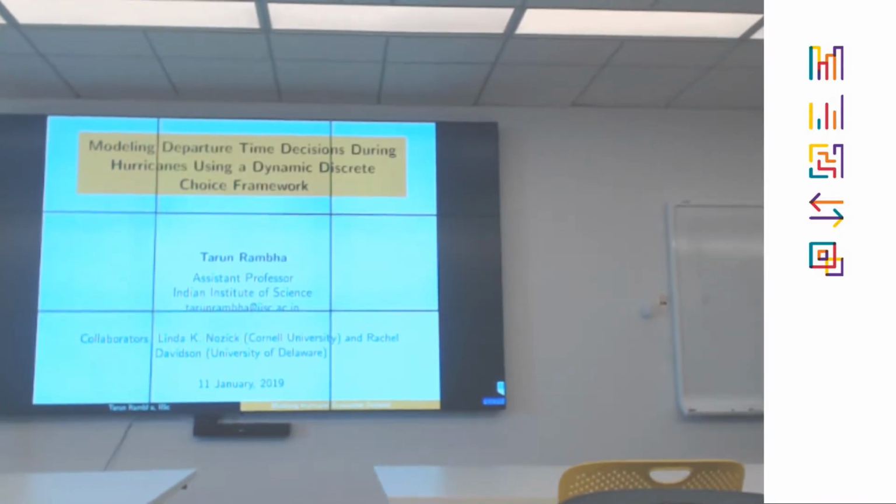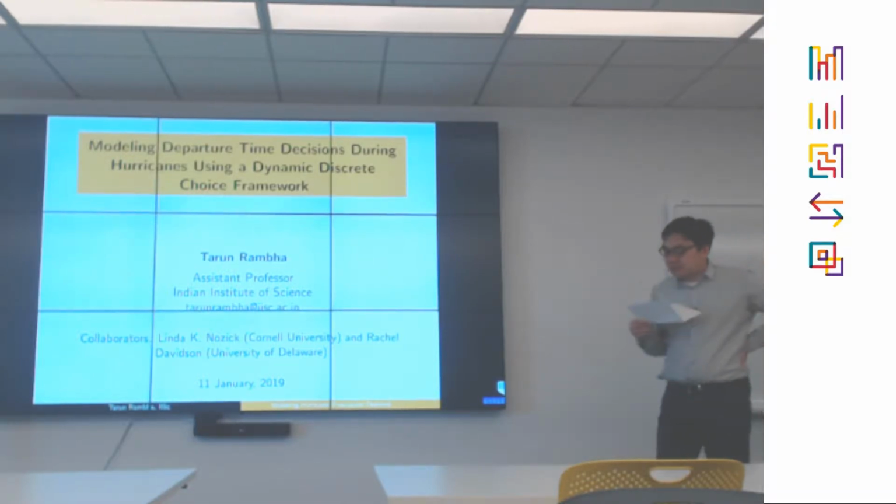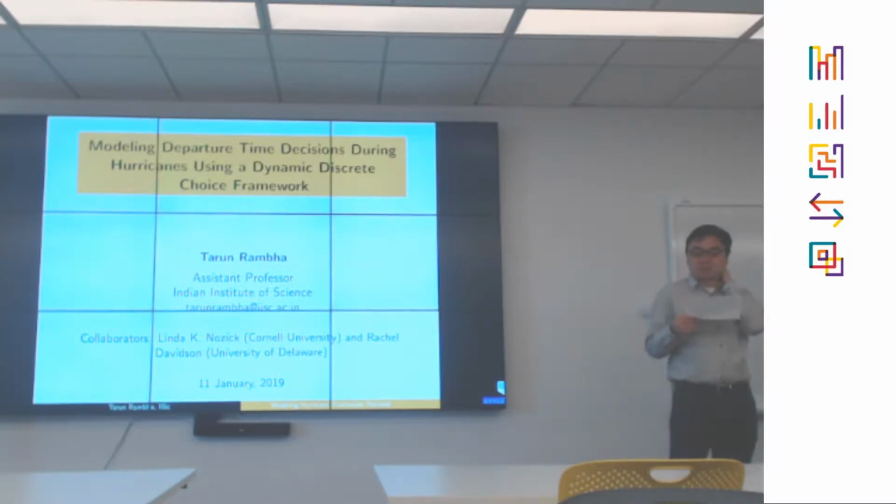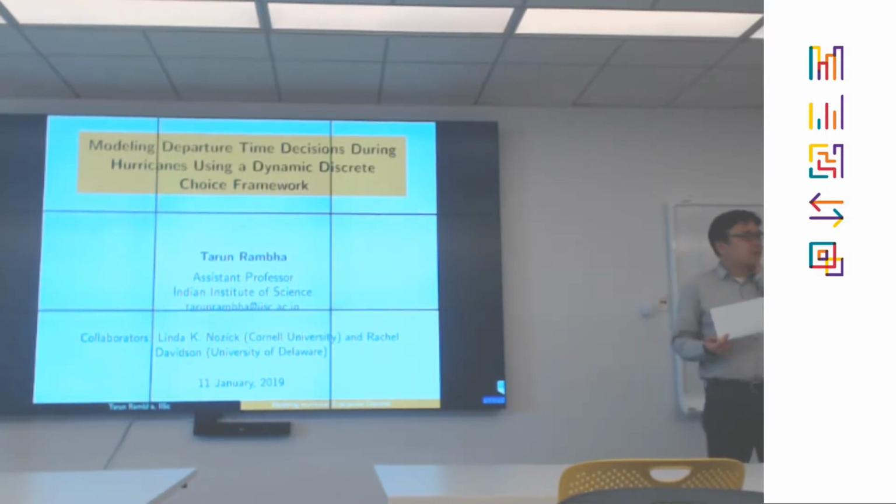Get started. So we have Dr. Tarun Rambha here with us today. Dr. Rambha is an assistant professor at the Indian Institute of Science at Bengaluru, and he's an affiliate faculty member at the Center for Infrastructure, Transportation, and Sustainable Urban Planning. He did his PhD at UT Austin with Steve Boyles, right?